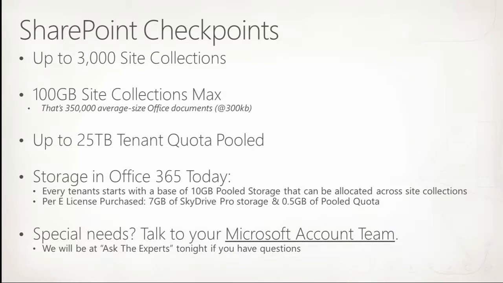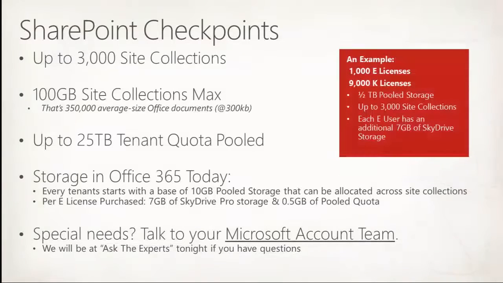And so coming back to our Contoso example, with 1,000 E licenses and 900 K licenses, you'd have 500 gigs of pooled storage available for you to assign to your record center, to your team site. On top of that, you're going to have 3,000 site collections you can spread it across, and every single one of your enterprise users has 7 gigs of personal storage.